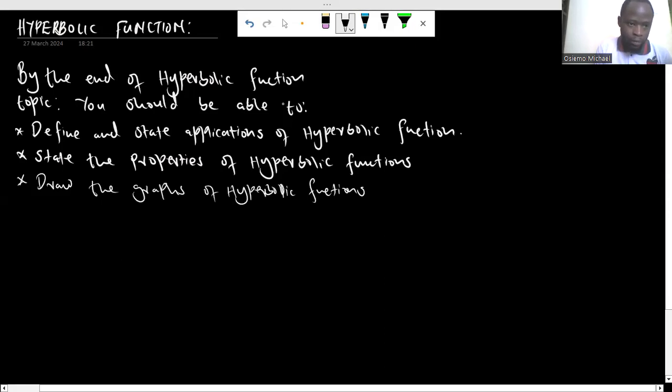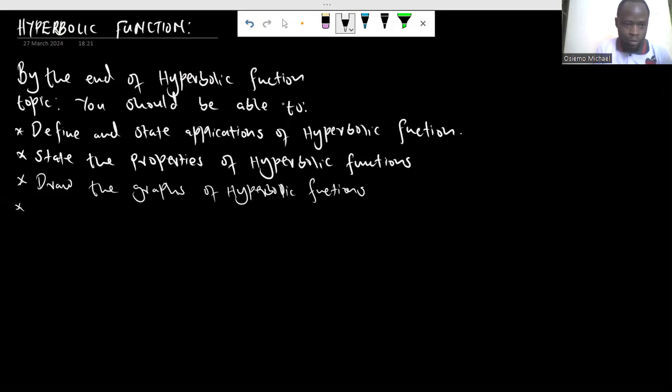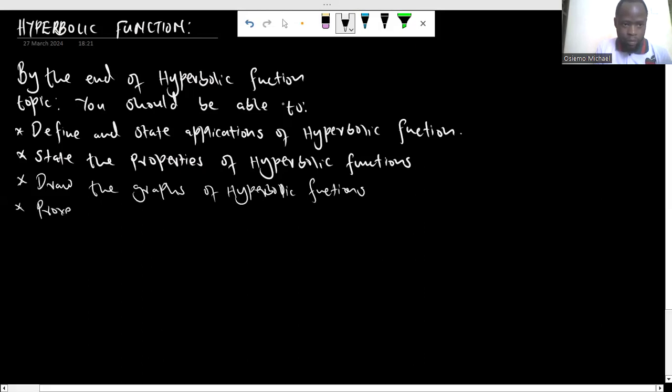And finally, be able to solve. Before we solve, we should be able to prove hyperbolic identities.